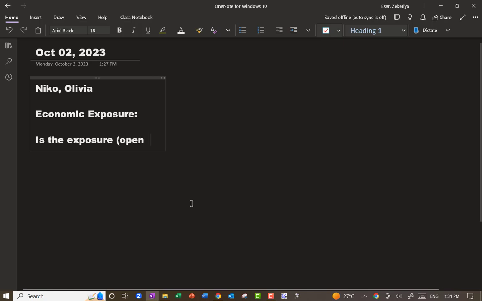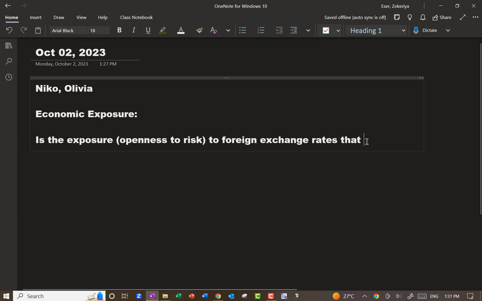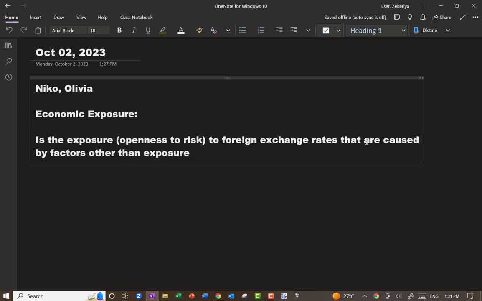Remember, exposure means openness to risk, to foreign exchange rates, that are caused by factors other than direct exposure.